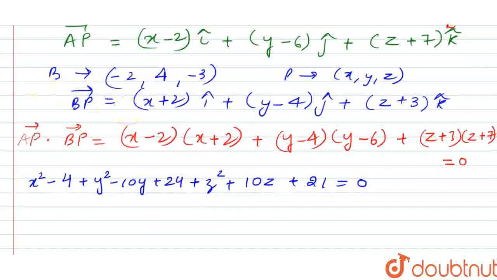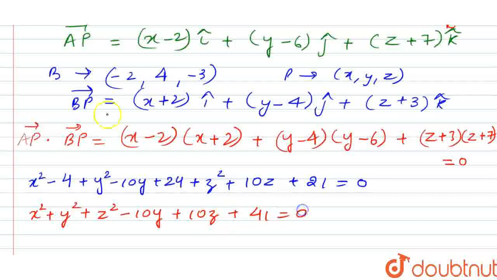And at last we will get the final equation as x square plus y square plus z square minus 10y plus 10z plus 41 is equal to 0, which is the required equation of the sphere. This is the equation of the sphere.